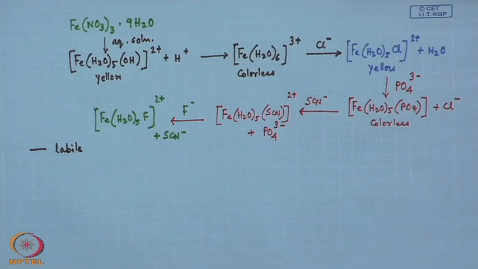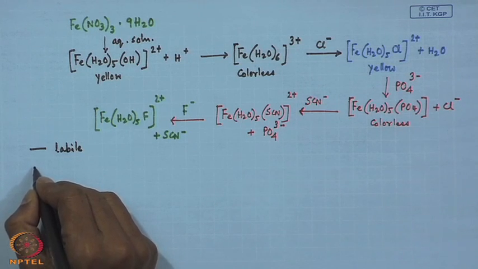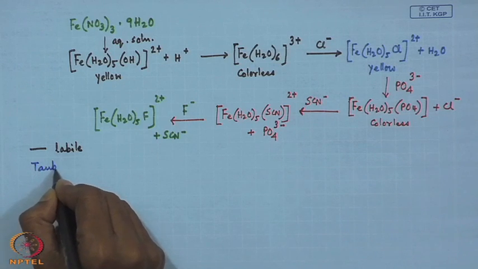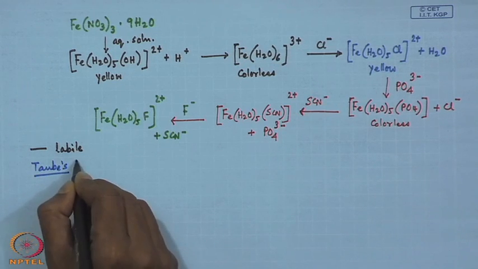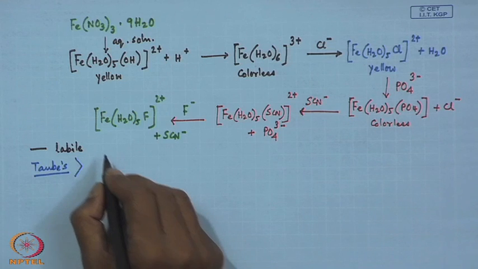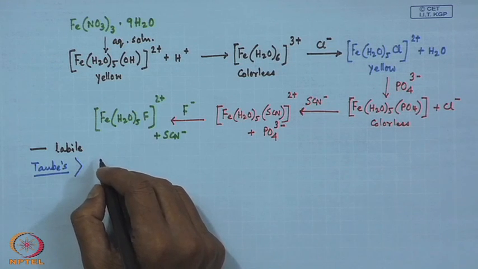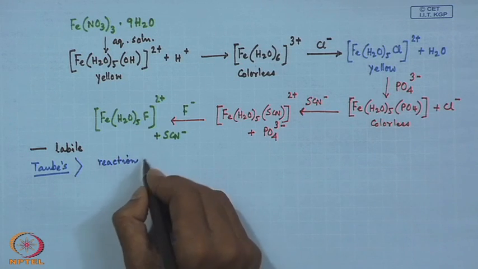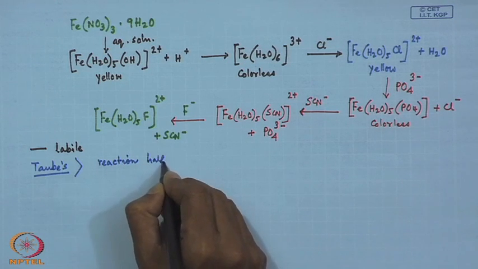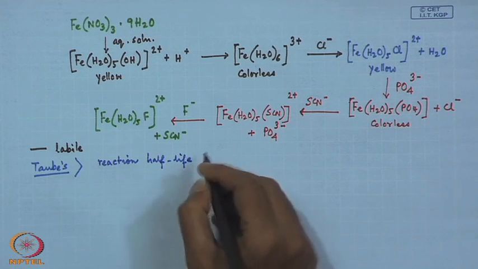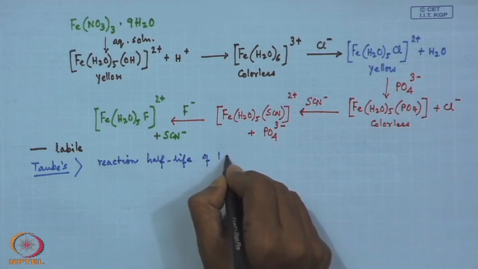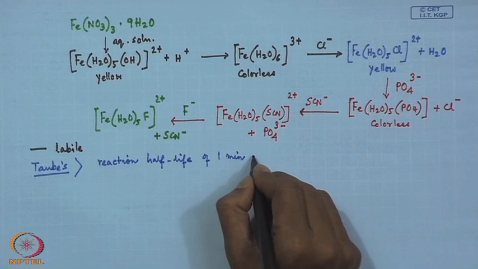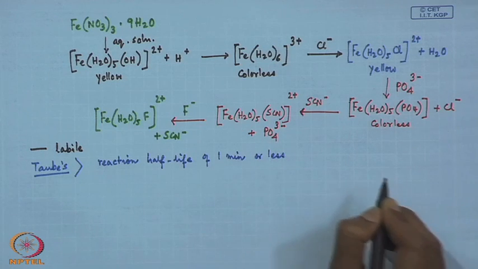The labile complex, therefore, we can define by the Nobel laureate Henry Taube's definition. Taube defined a labile complex as one where the reaction half life is 1 minute or less.